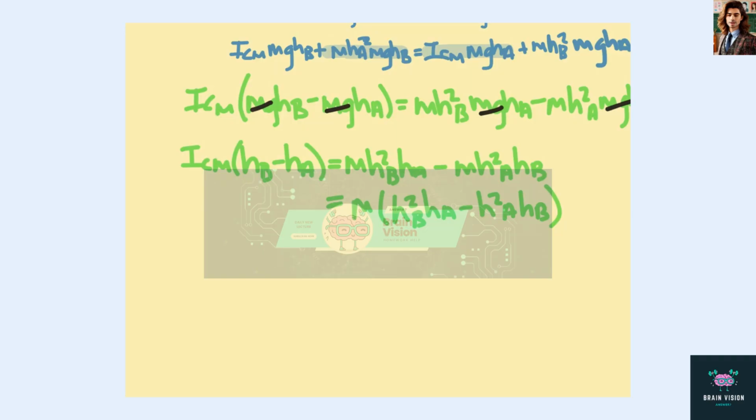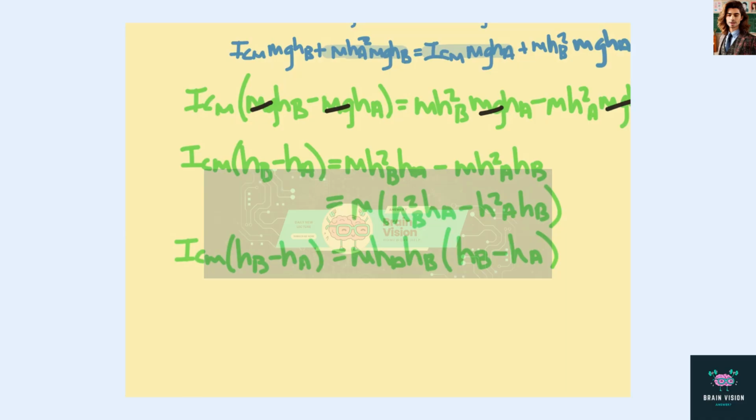We can also remove an HA and HB from inside of our parentheses, so we would have mass times HA HB times (HB minus HA), and that equals our ICM (HB minus HA).